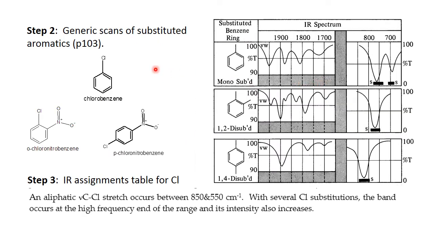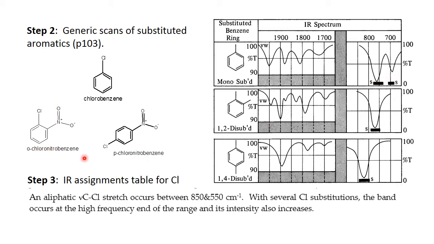Okay, so continuing with step 2, let's look at some generic scans for some substituted aromatics. So we have the mono-substituted reagent, chlorobenzene, and I want to focus specifically on the region from 650 to 900 wave numbers. For a mono-substituted aromatic, we have absorption at about 690 and 770.